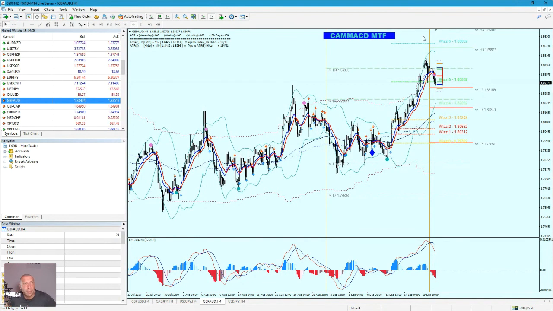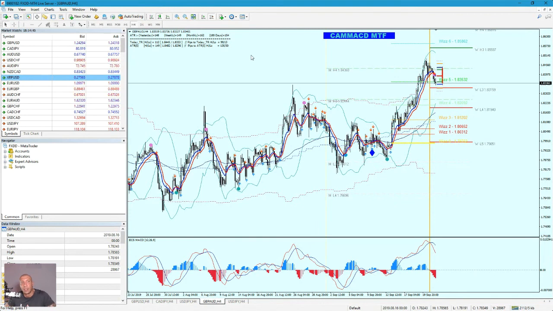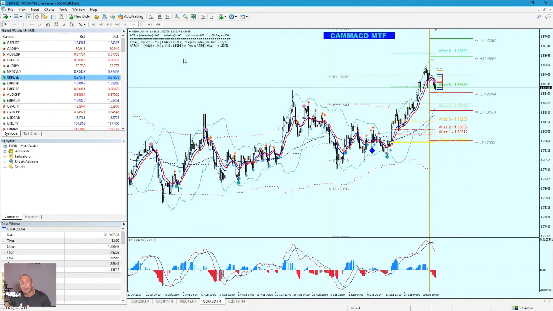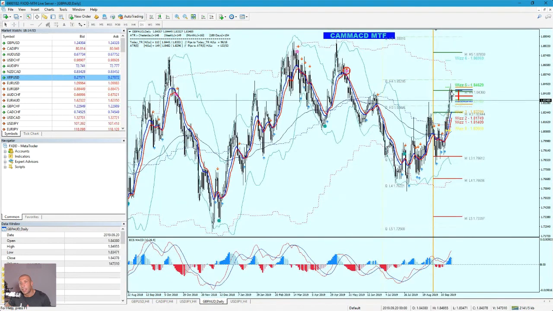Definitely, I'm long on the dip on GBP crosses at this point. This is an uptrend and there is still room till the next resistance. You see, this is resistance here, so there is a possibility that the price will continue further up.